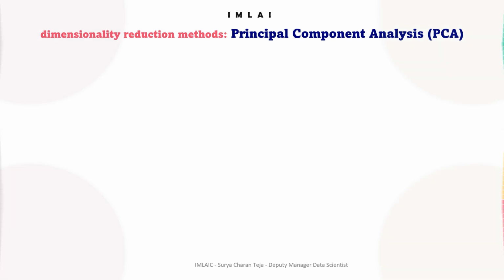It achieves this by identifying the principal components, which are orthogonal directions along which the data varies most.